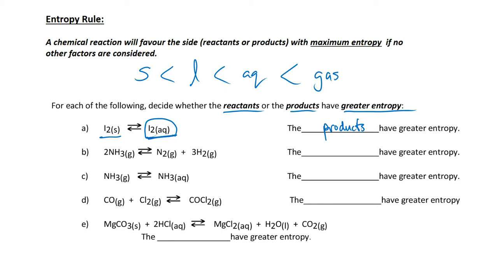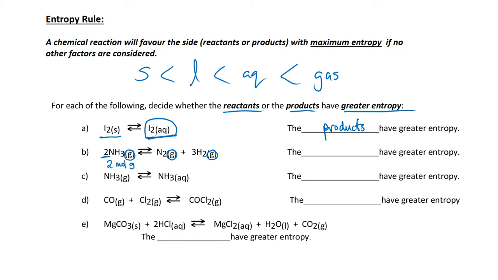Question B can be a little bit tricky. If I look on my reactant side, I've got some gas. On my product side, I've got some gas and some more gas. So we've got to be a little bit careful here. On the reactant side I've got 2 moles of gas.